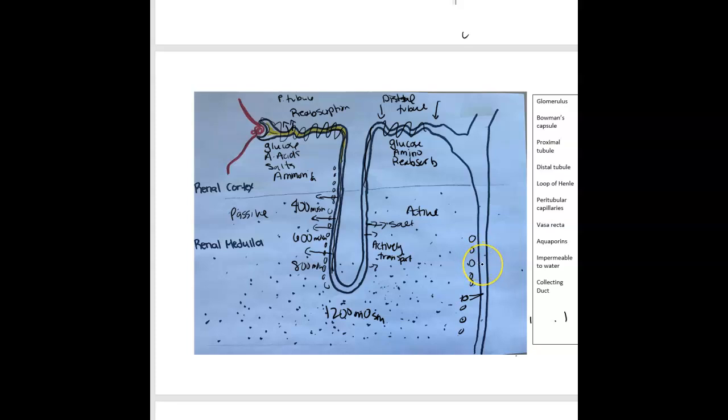Our hormones, and we'll talk about this in 44.5, depending on what hormones are passing through our systems, more of these are going to be open, or more of these are going to be closed. That's going to allow more water to pass through when we're not dehydrated. And if we are dehydrated, then less water is going to be able to pass through.